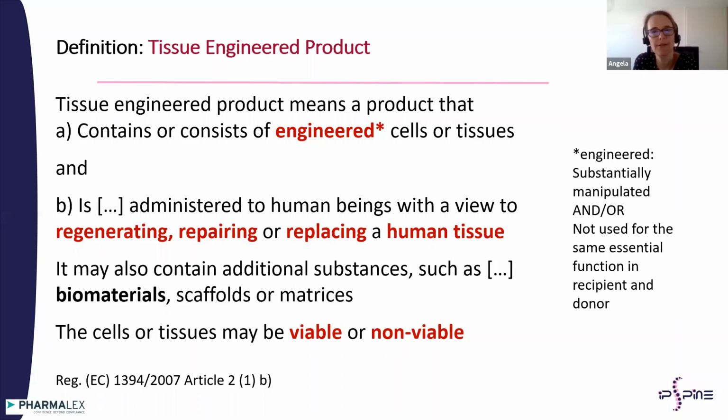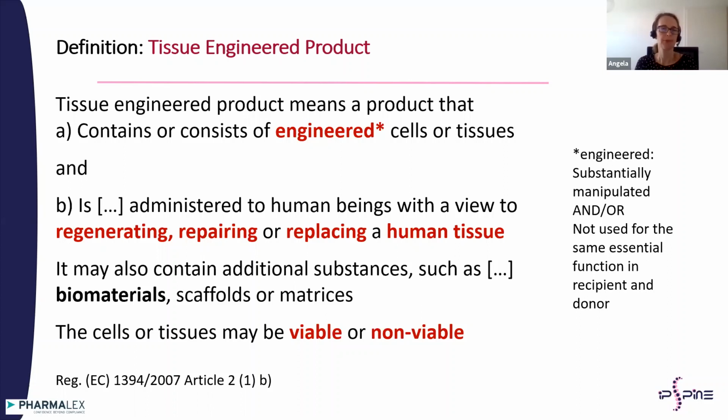And if you recall, this is exactly the definition we just had for both types of cell-based ATMPs. So we did not really learn anything new either up to now. But now, luckily, we also have part B of the definition, which finally gives us some clue on the differences between the two product types.